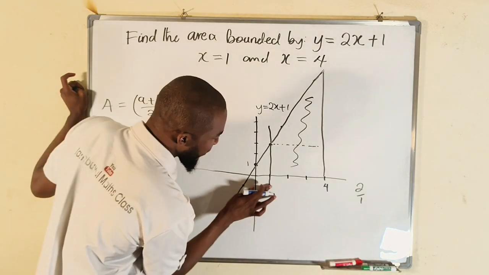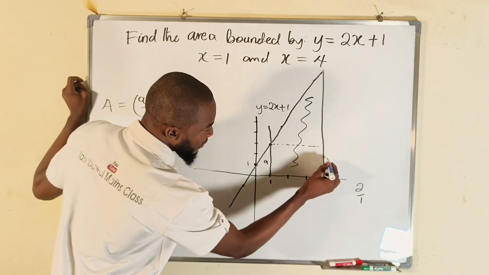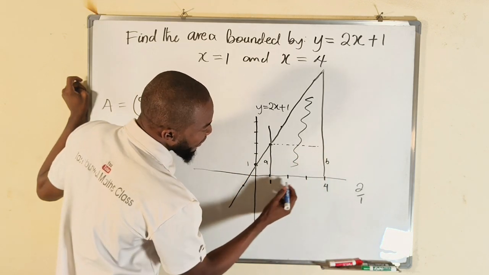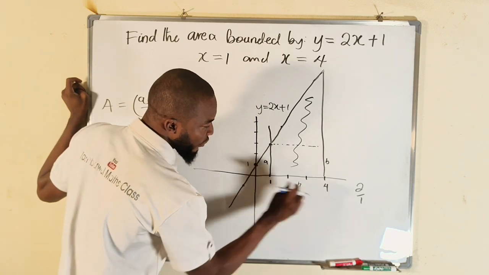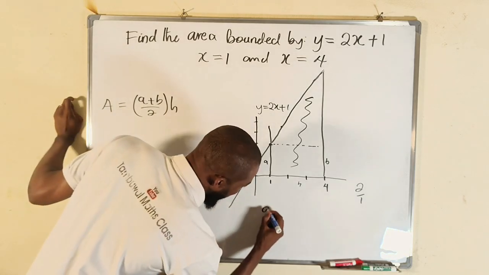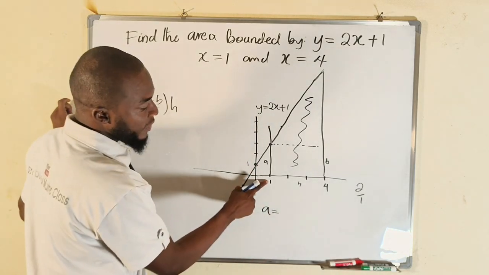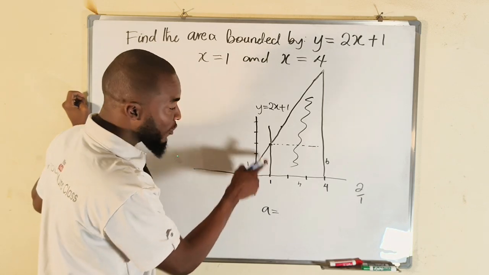A is the length. Let me make it like this. This is 1. This is our A. This is our B. Then the height would be this one, which is h. The distance from 1 down to 4. So let me see, what is A? A is nothing but the value of y when x is 1. You can see it is exactly at 1.